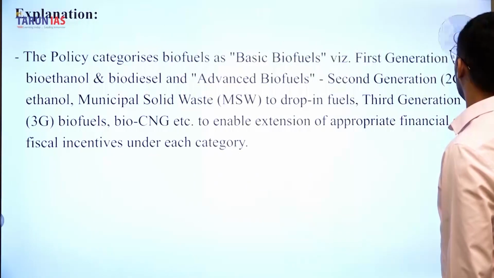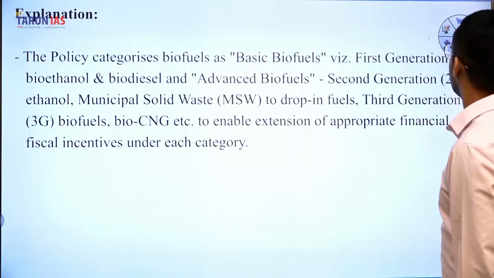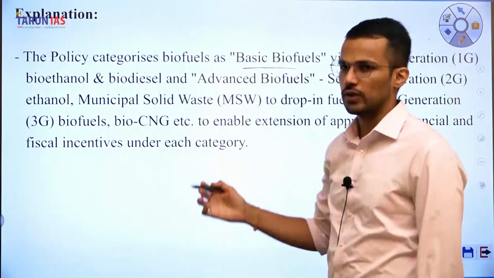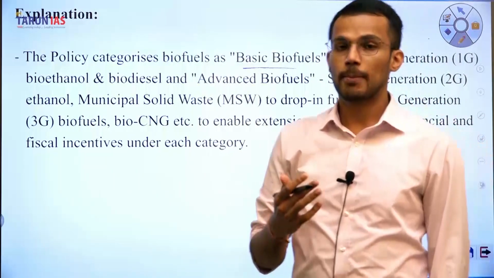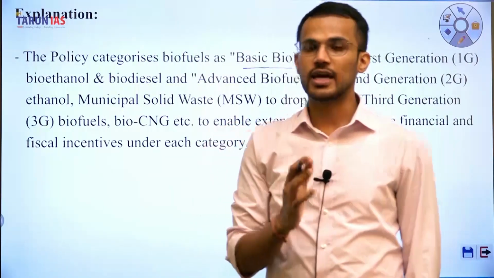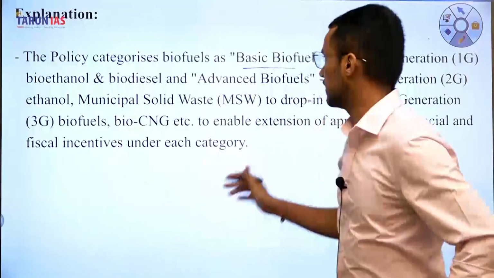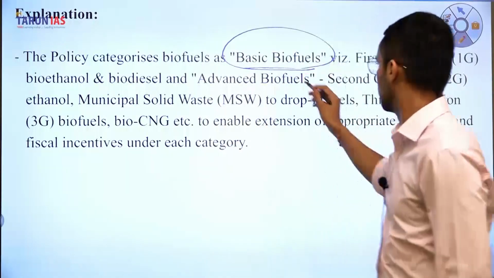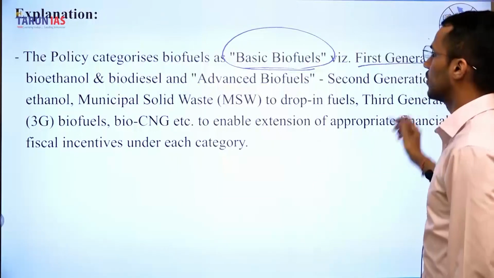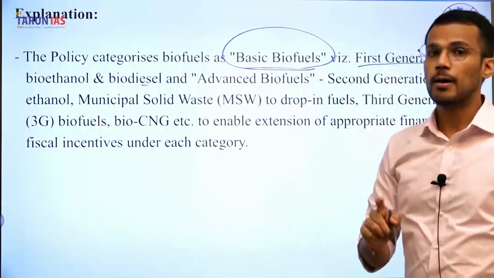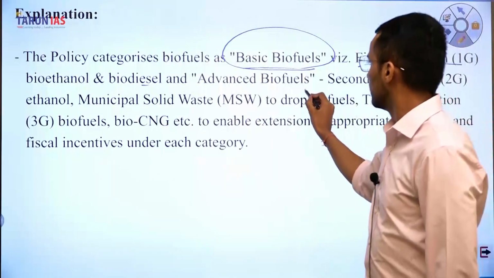So you can read this. The policy categorizes biofuel as basic fuel. So this policy, National Biofuel Policy 2018, categorizes biofuels into certain categories. First is basic biofuels. That means first generation bioethanol and biodiesel are basic biofuels.